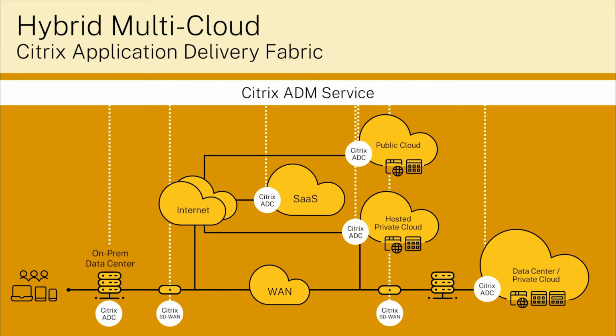As a cloud service, Citrix ADM is always accessible. The software is always securely patched and up to date with the latest features delivered as soon as they're available. With pooled capacity, Citrix ADM service centralizes all your licensing, allocation, and management, protecting your investment in Citrix ADC functionality and simplifying migration of capacity across clouds.